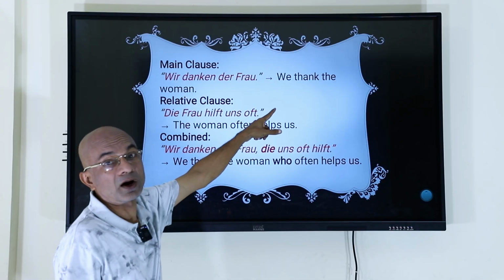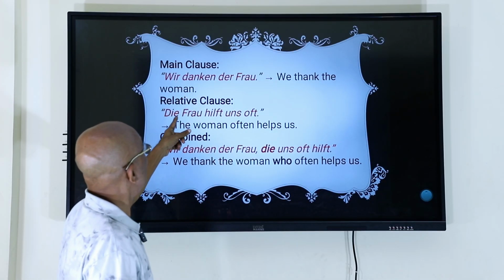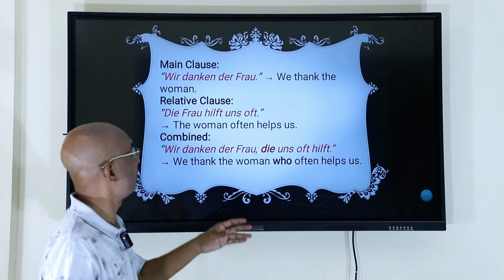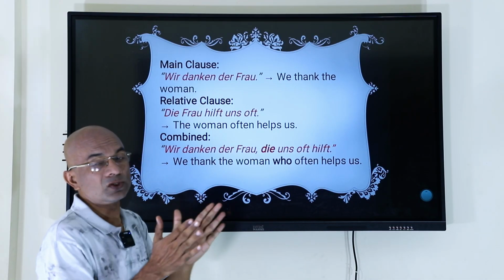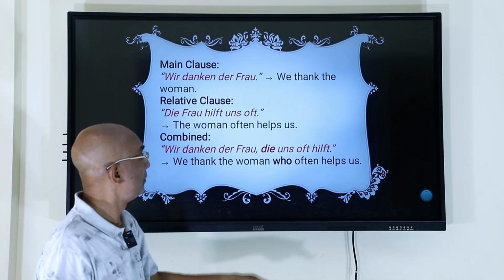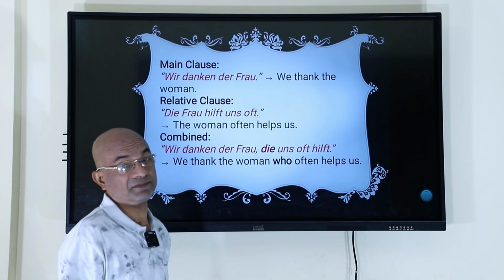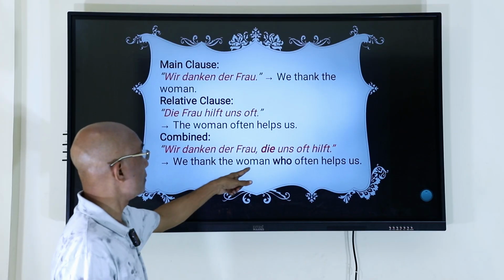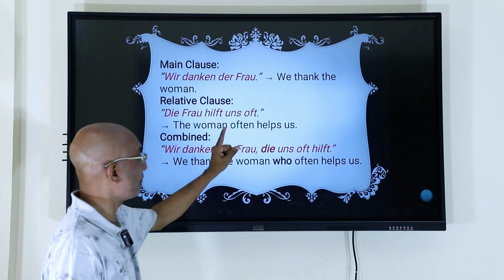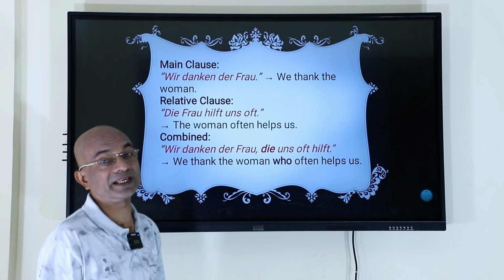Wir danken der Frau, die Frau hilft uns oft. She helps us often. So we are combining together: "Wir danken der Frau, die uns oft hilft." We thank the woman who often helps us.